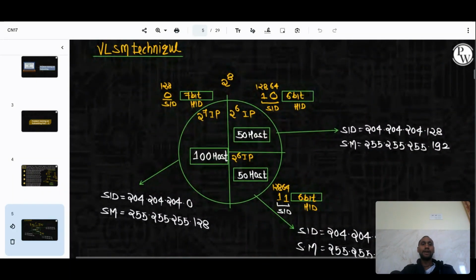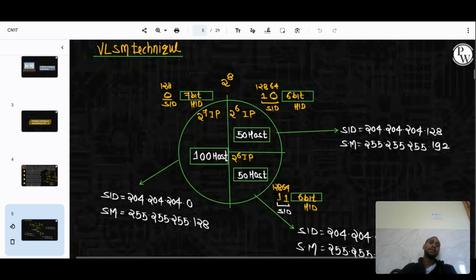So that is the variable length subnet mask technique, the VLSM technique. In the VLSM technique, because we are in class C, 2 to the power 8 IP addresses are present. So the entire network is divided into two parts.